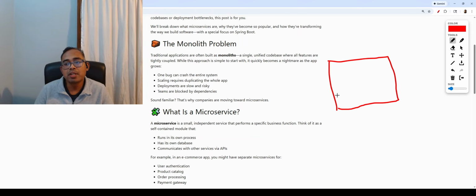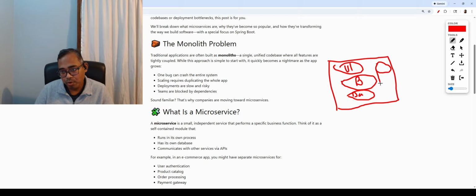Very often we design them into different parts: we have UI packages or the UI part, then the business logic, and the data access layer, and then we have a single database for all of them.